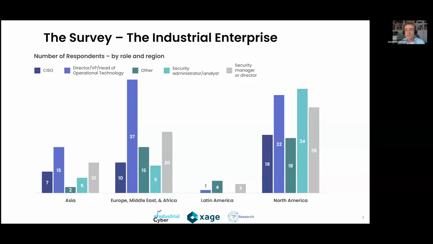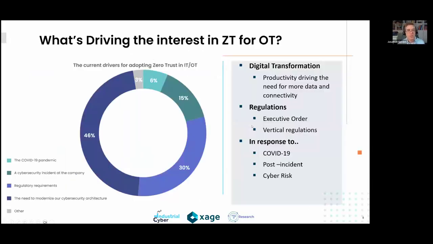So as we said, this diversity really sets the stage for exploring some of the key motivators and driving factors behind the interest that's coming to the fore. So finally, we get on to some of the actual responses. And this is really about what's driving the interest.